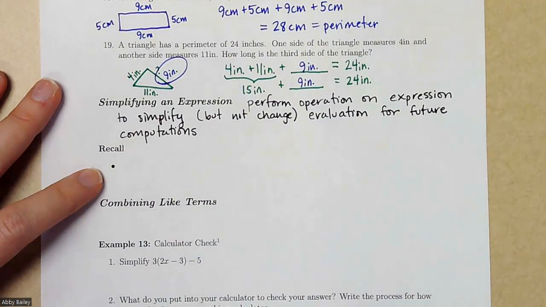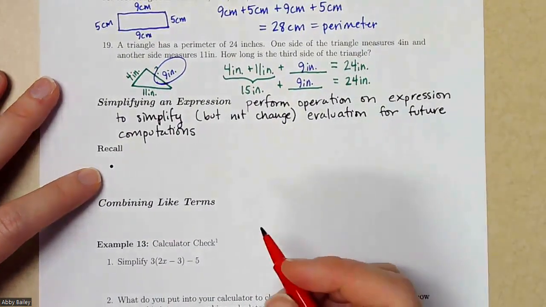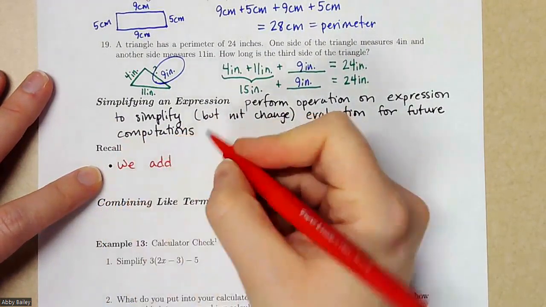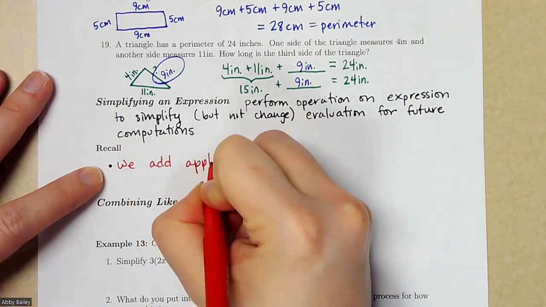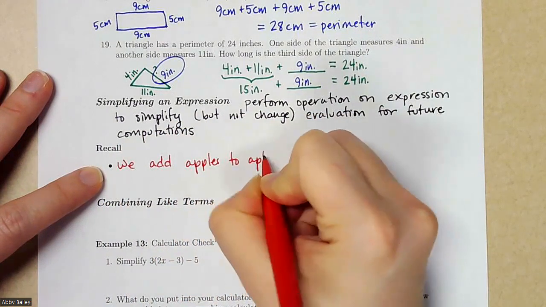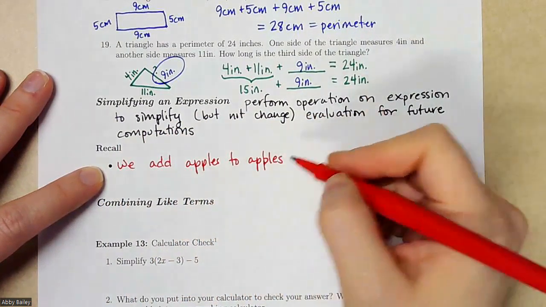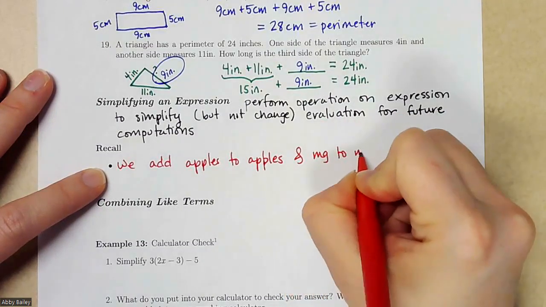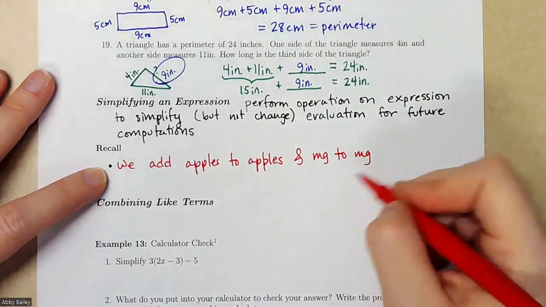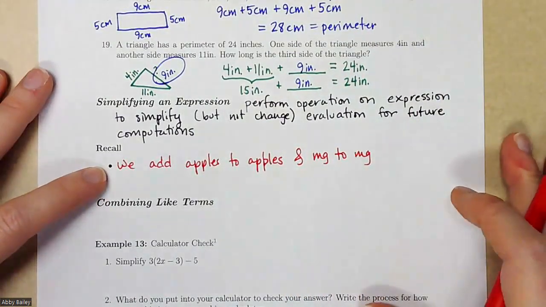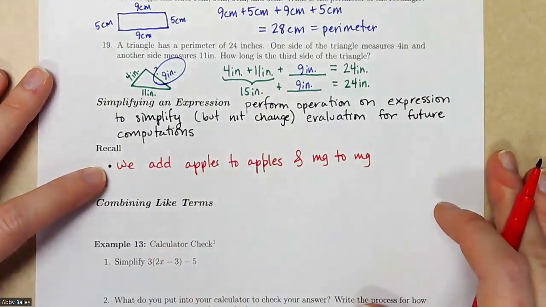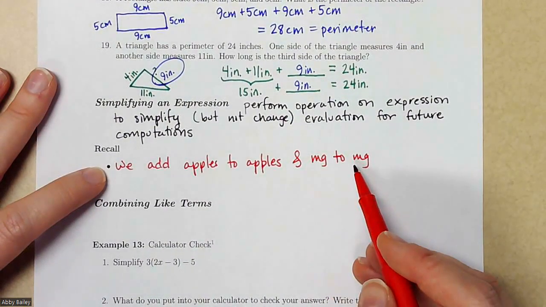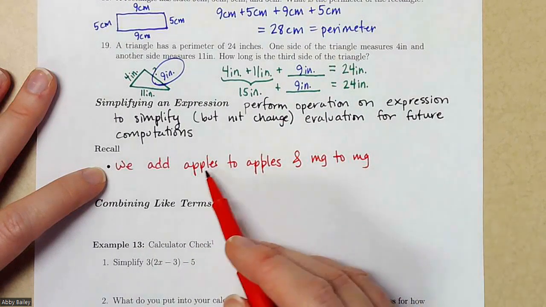Quick recall: we add apples to apples and milligrams to milligrams. Even if we're specifying, we have to make sure that they're alike. So we didn't combine protein to fat, but we can do protein and protein.